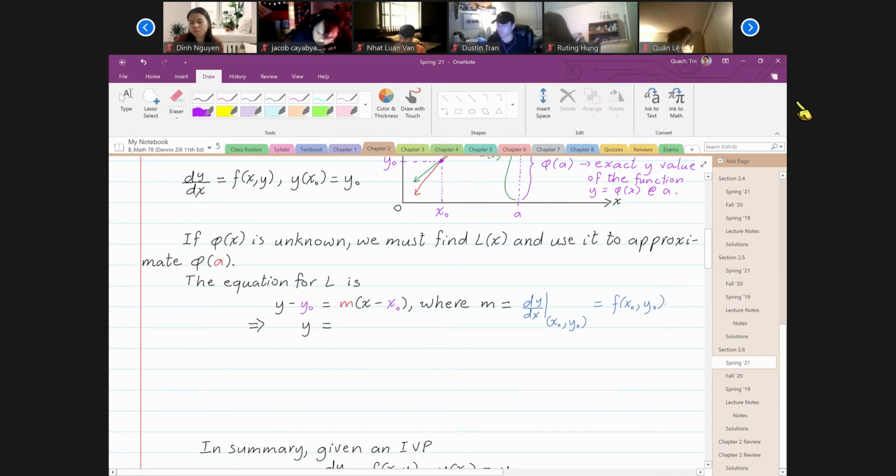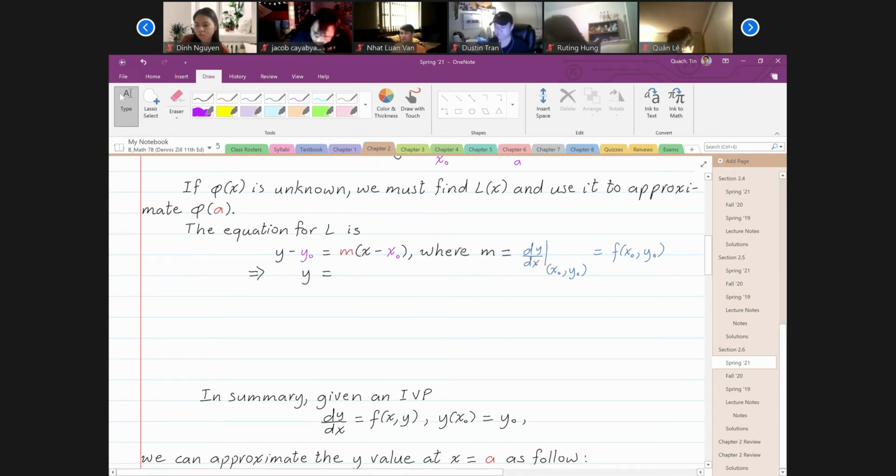All right, so now we're gonna move y naught to the right side, plus the slope, and then you have x minus x naught. And we're gonna call this expression right here h. So what do we have?